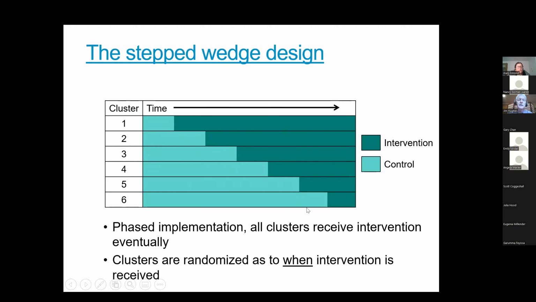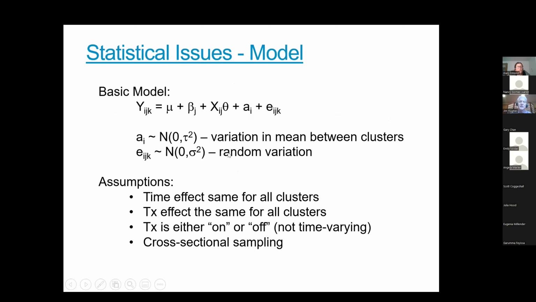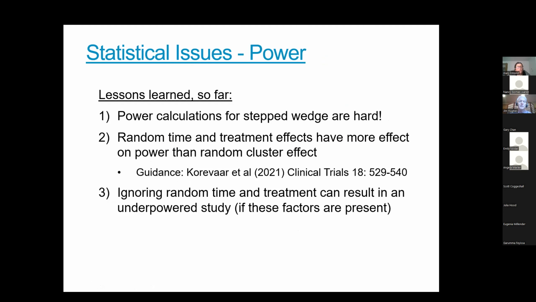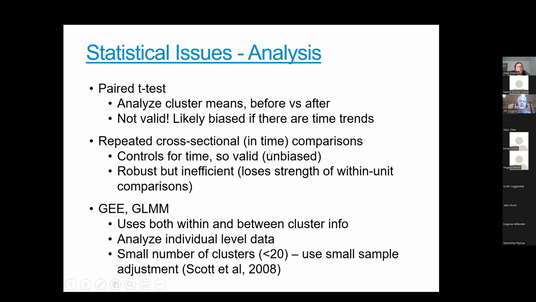That's actually completely valid. The only downside is it loses a lot of efficiency because it throws away the before-after information. There is good information on the treatment effect from these before-after comparisons if they're done correctly, and if you completely ignore them, you do lose efficiency. So that's a valid approach, but it's not the most efficient.